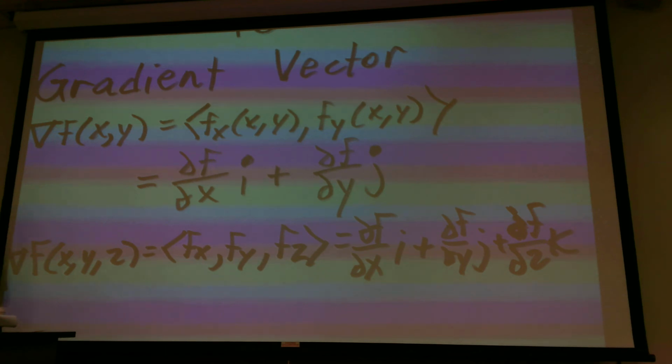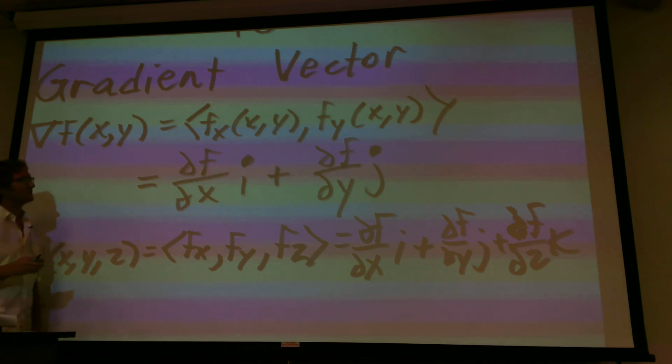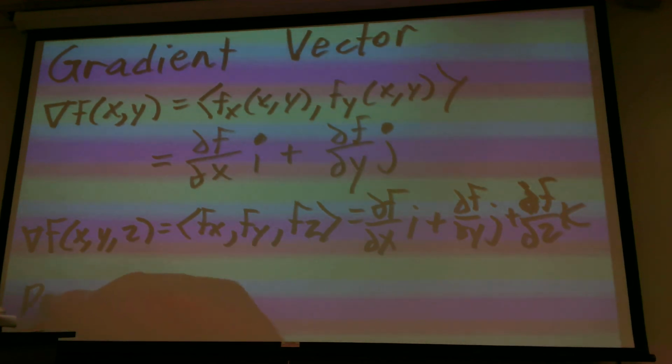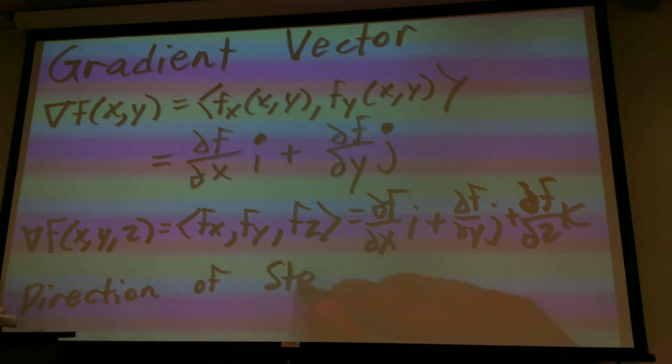Okay. And now, what is the gradient vector? Okay? The gradient vector is actually the direction of steepest ascent. Okay?